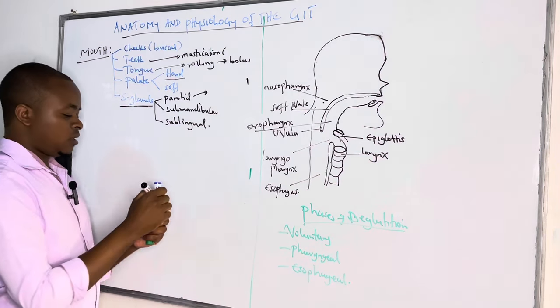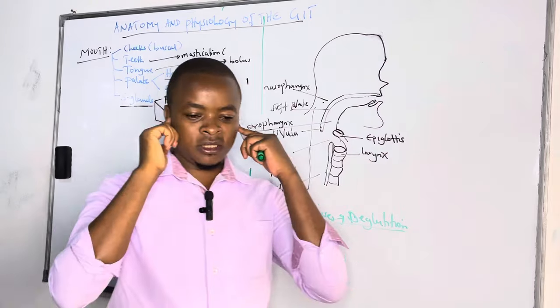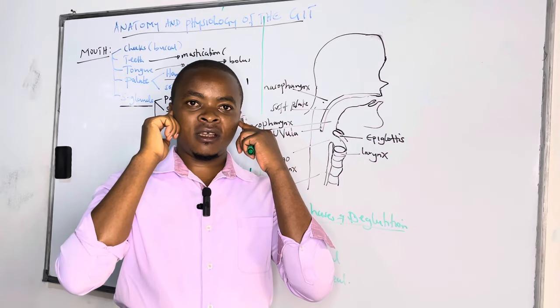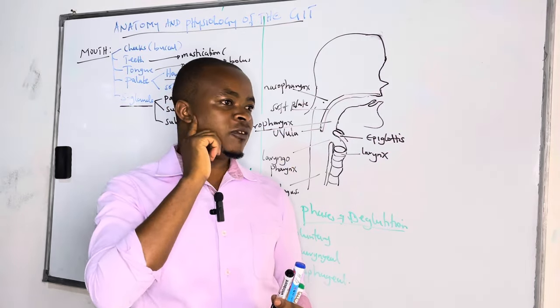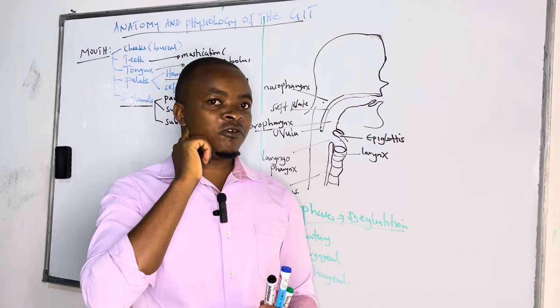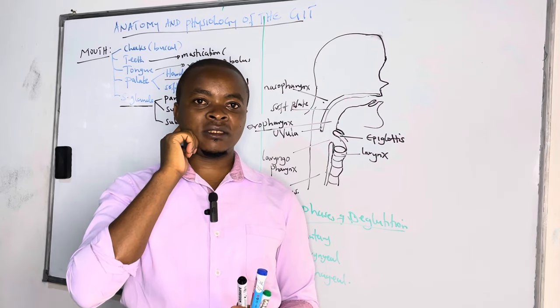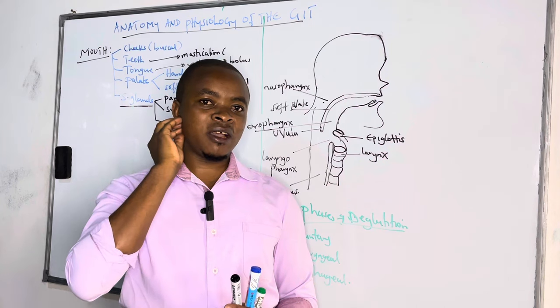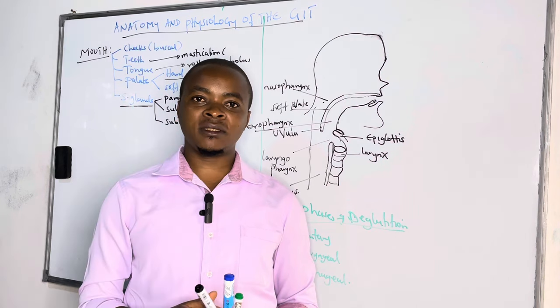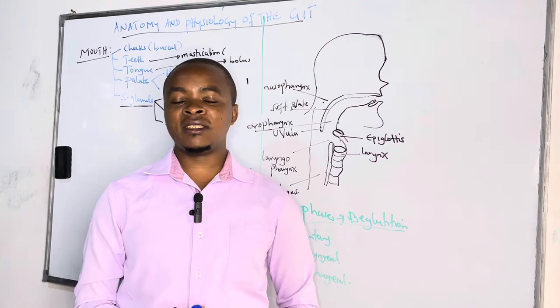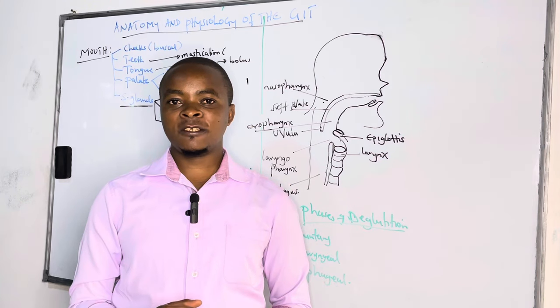The parotid is found anterior to the ear. When you touch here in front of the ear, you feel saliva coming because it contains the parotid gland. It is the one most affected when you suffer from mumps. Mumps majorly affects these salivary glands.